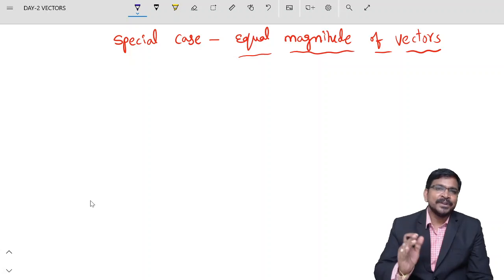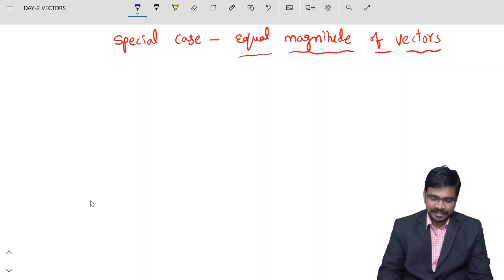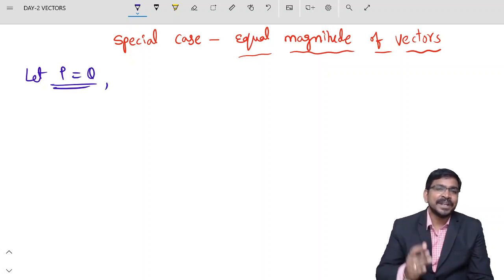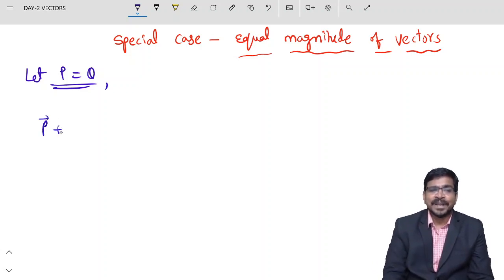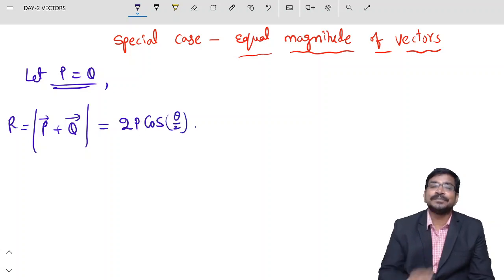Now, special case. If the magnitudes of P and Q are equal, how to handle? Very simple. Let P is equal to Q. Here if I want to do the derivation, it may take nearly 5 to 10 minutes. So let me give you a simple shortcut. P plus Q magnitude, that means R, has a direct formula 2P cos theta by 2.